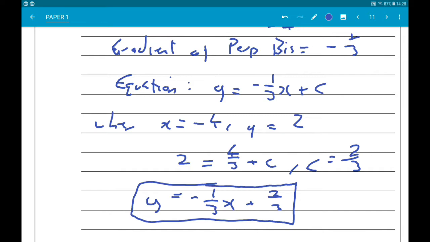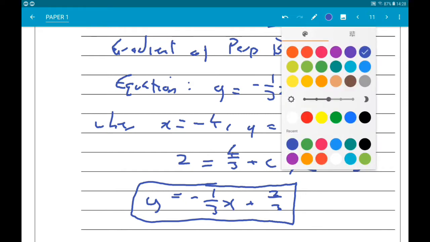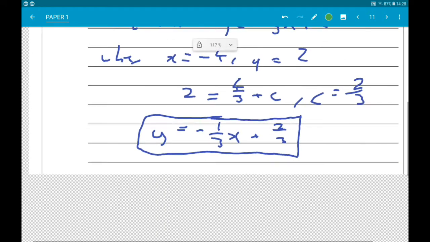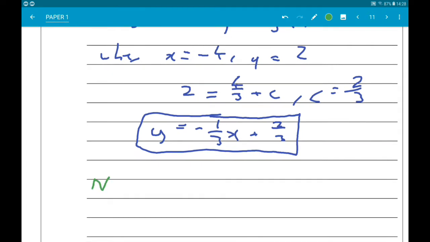So what we now need to do is show that is the same as the normal to the curve at point 2, 0. Okay, so for the normal, a normal has a perpendicular gradient to the curve at the point. So the gradient function, remember we know is dy by dx, was 24 over x cubed.